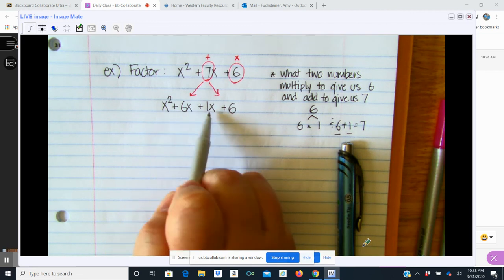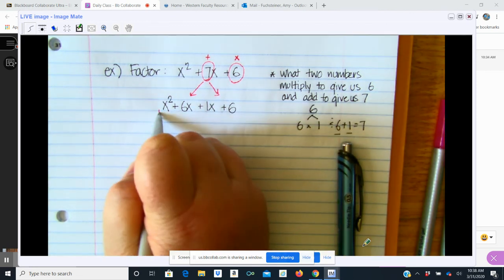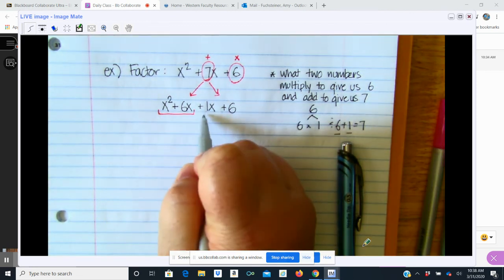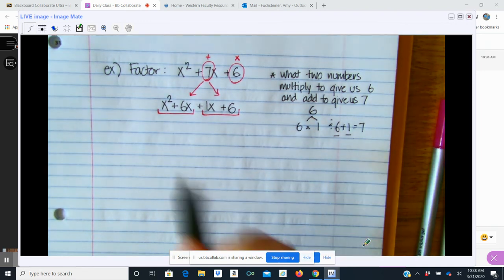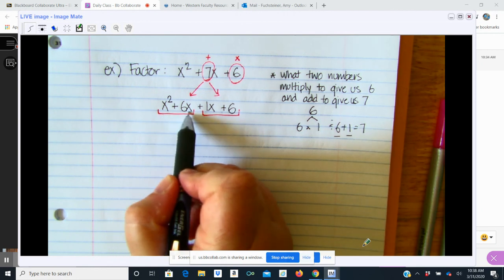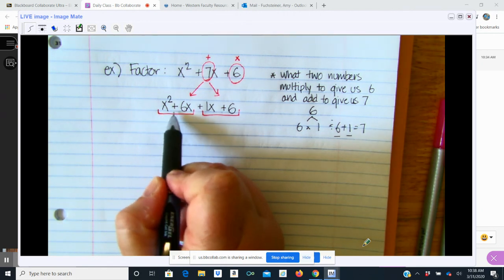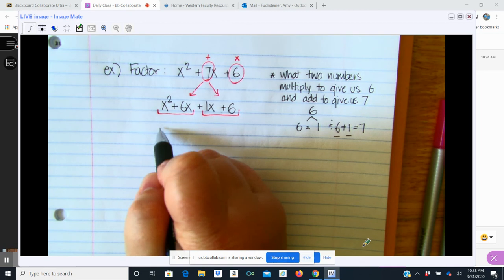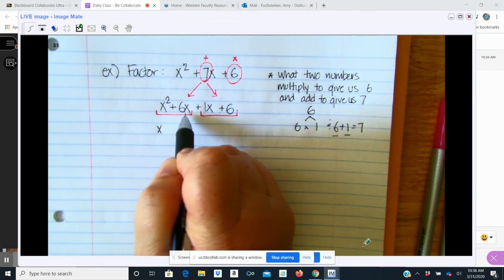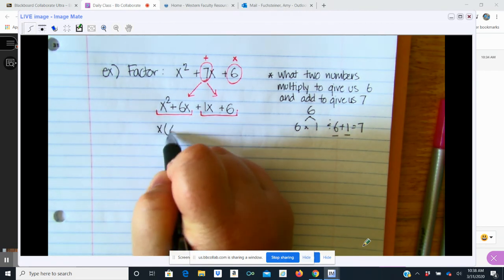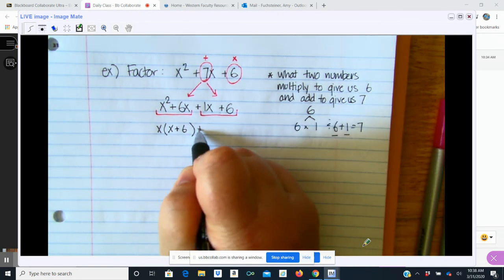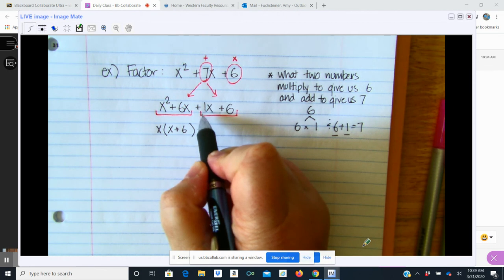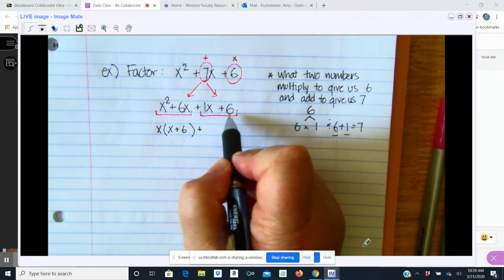Now that we have 4 terms, I can use the factoring by grouping that we did yesterday. If I just look at the first 2 terms, I have x squared plus 6x. I can pull an x out of both of those, leaving me with x plus 6. With the second 2 terms, there's nothing I can pull out of both.